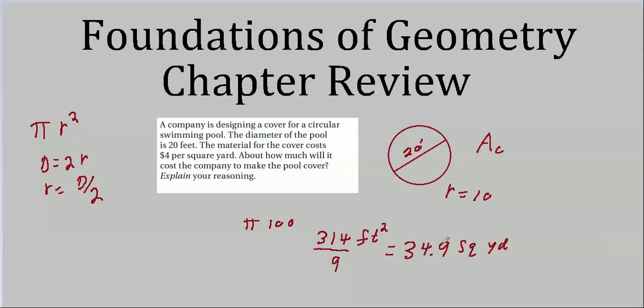So my calculator gives me 34.9 square yards, and we have to multiply that by $4 per square yard. And let's see what we get. And I get, this is dollars here, $139.60 is what I get.